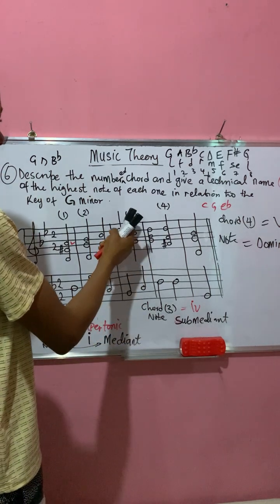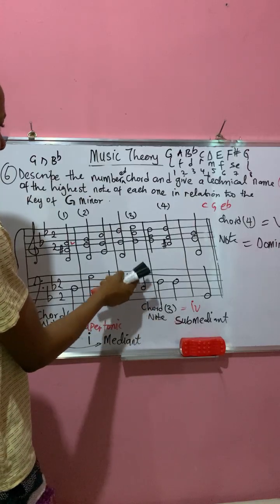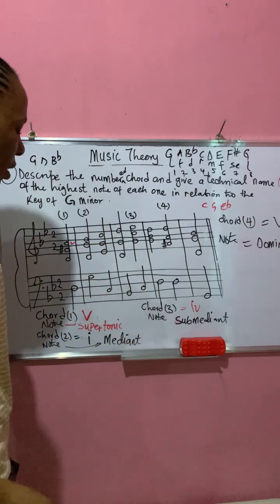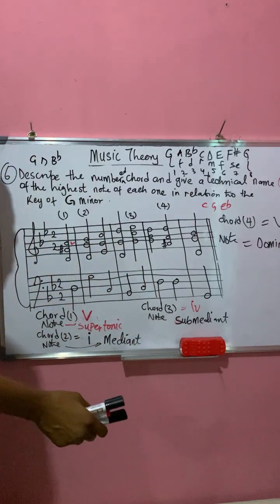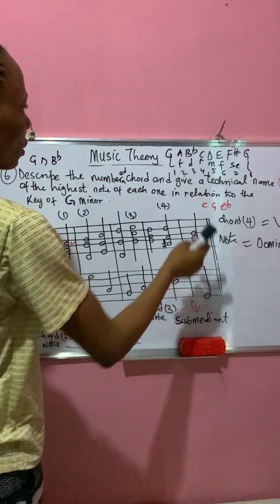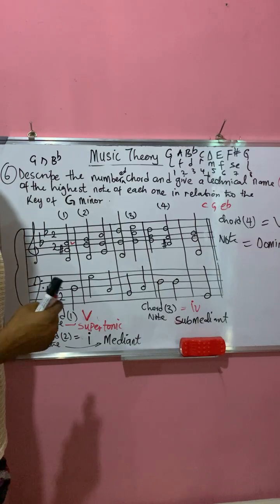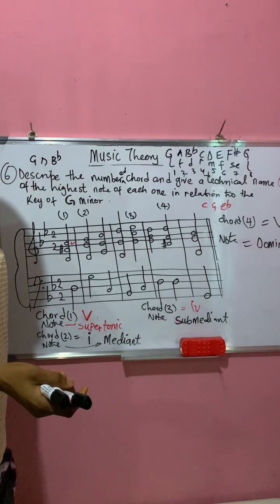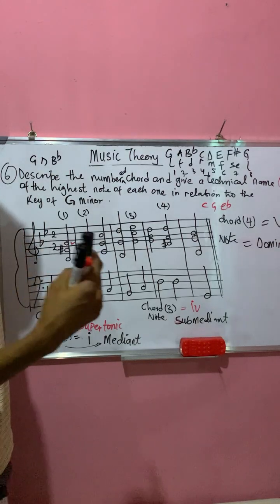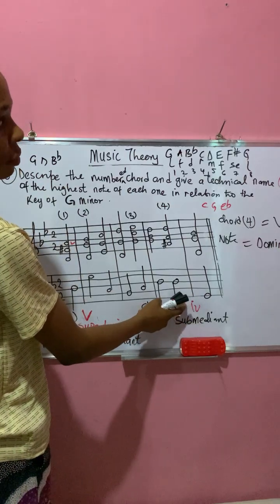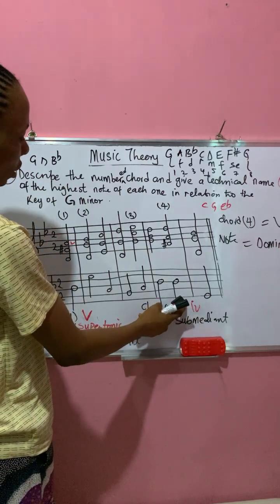All right, then we go to the third one, which consists of C, G, E flat. That is a C minor chord. And what is C? C is the 4th degree in G minor, which represents the subdominant. So it's chord 4 in G minor.